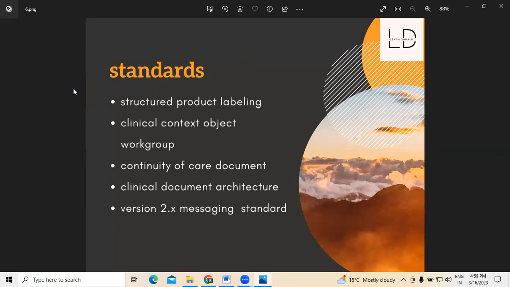Now, when we talk about structured product labeling, this is a document markup standard that specifies the structure and semantics of the content of authorized published information, such as medicine licensed by a medicines licensing authority.